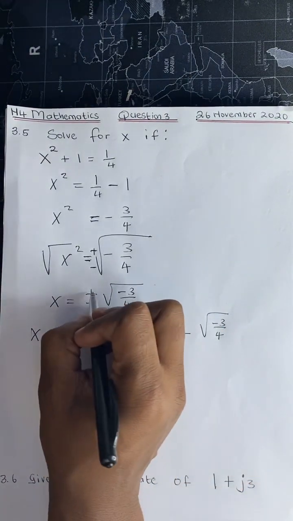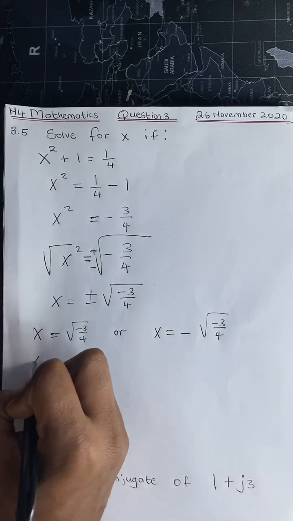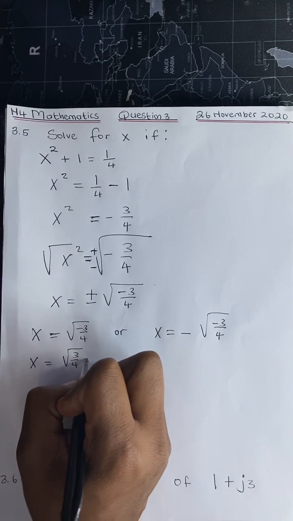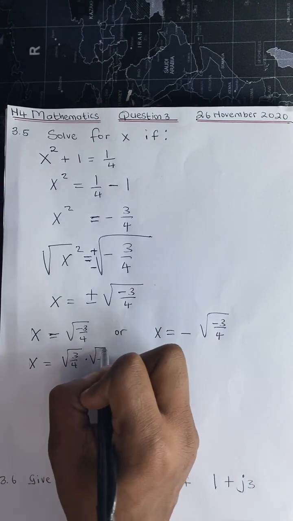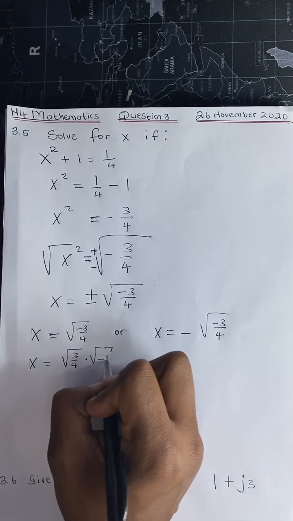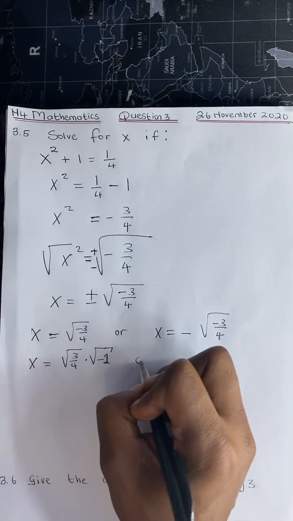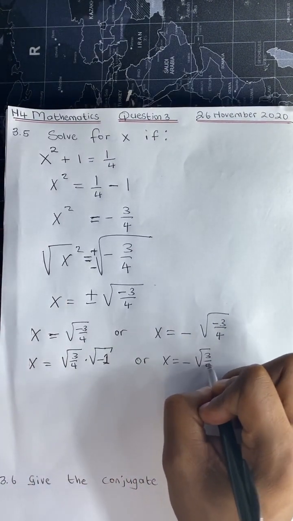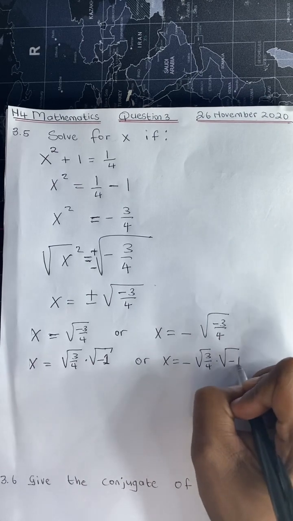This negative is from the plus or minus. So this will be equal to the square root of 3 over 4 multiplied by the square root of negative 1. That negative, we group it with the 1, or x equals negative the square root of 3 over 4 multiplied by the square root of negative 1.